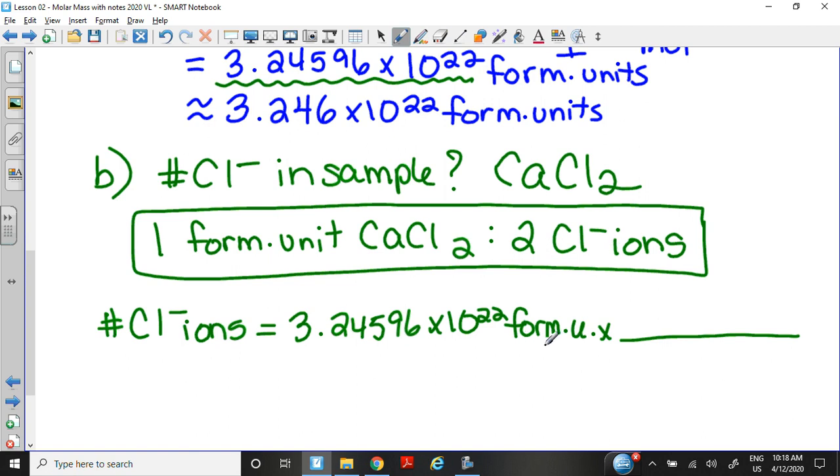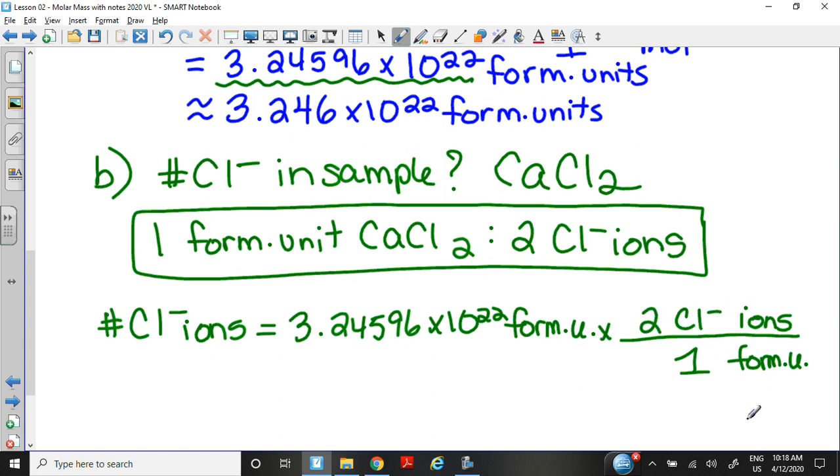I have formula units on the top here. That means formula units have to go on the bottom. And then ions is what I'm solving for. That's going to go on top. So how many formula units? Well, 1 formula unit of calcium chloride gives us 2 chloride ions in it.